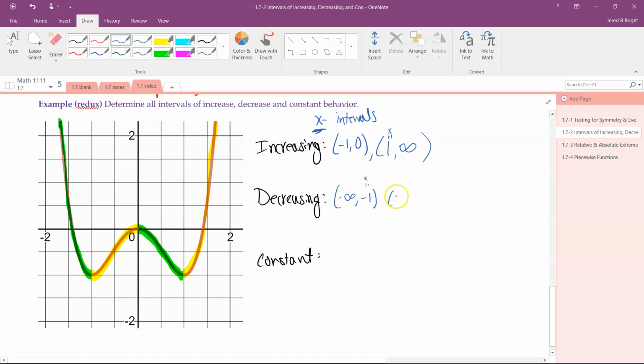And then it would decrease from when x is 0 to when x is 1. And for constant behavior, are there any places where it's flat, where it doesn't change vertically? Nope. So I'm going to say none. And that's going to be an intro video to increasing, decreasing, constant behavior of a function.